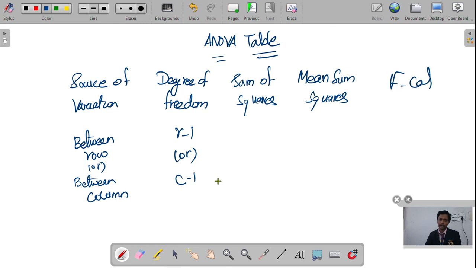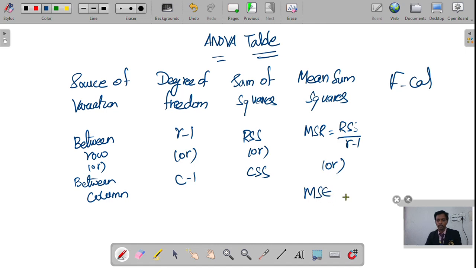Then sum of squares is the RSS value, or for column, the CSS value. Mean sum square for row wise is MSR equal to RSS by r minus 1, or else MSC is calculated by CSS by c minus 1. So this is the basic rule.